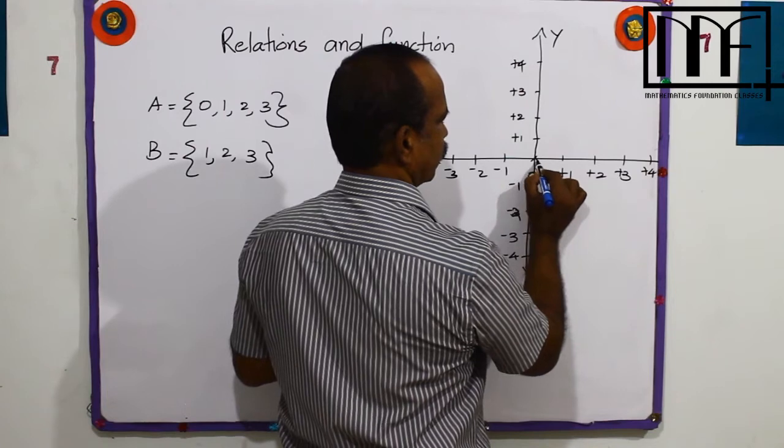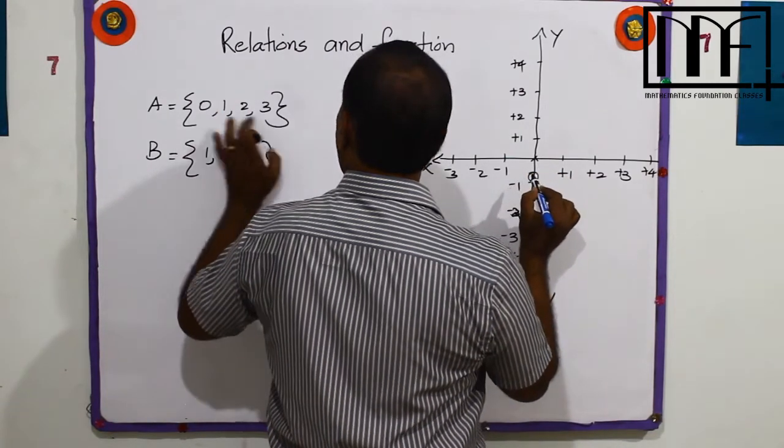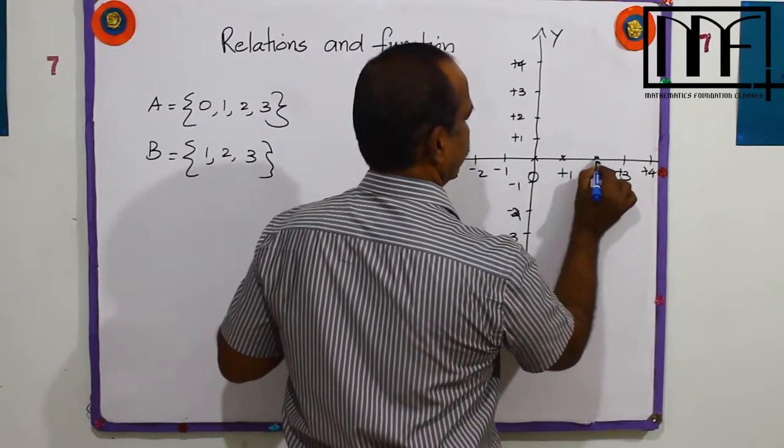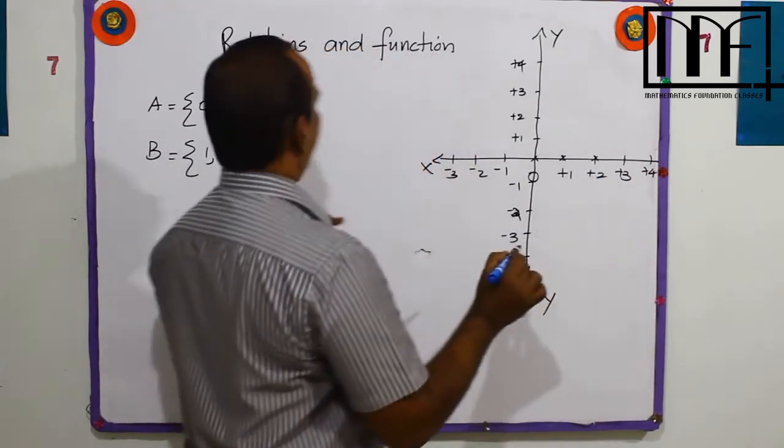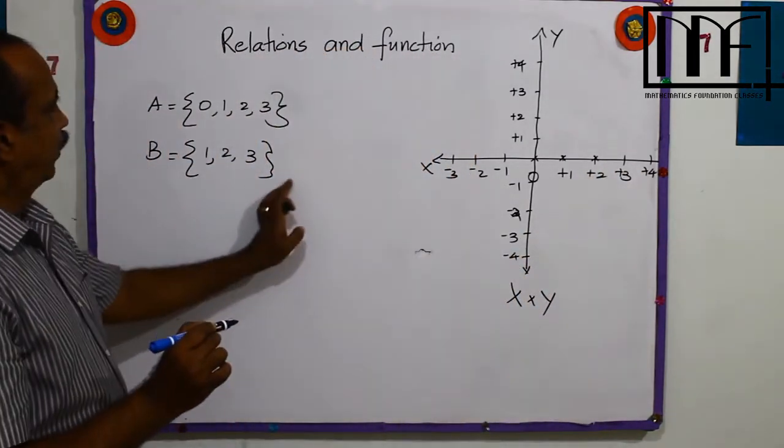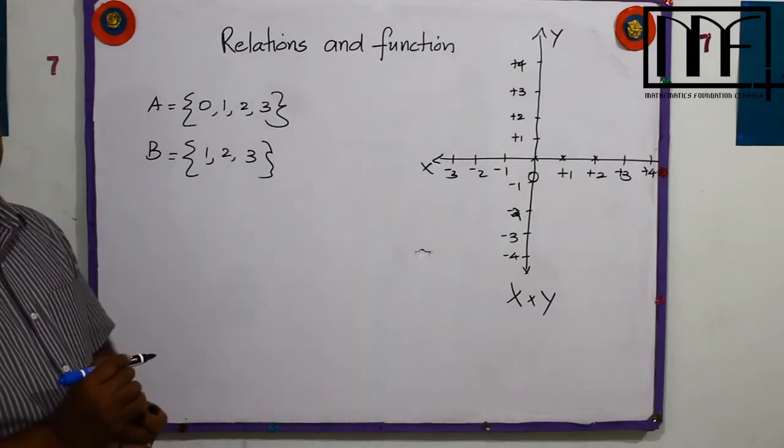So I am going to show this in the number system. We take 0, 1, 2, 3 on the x-axis, and from the y-axis we are taking 1, 2, 3.